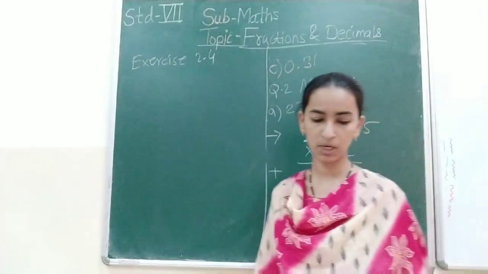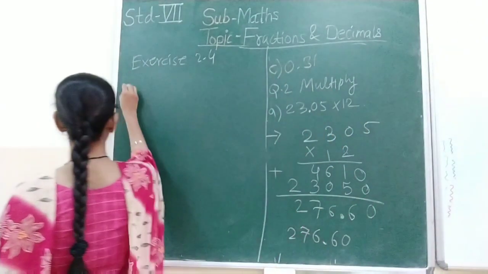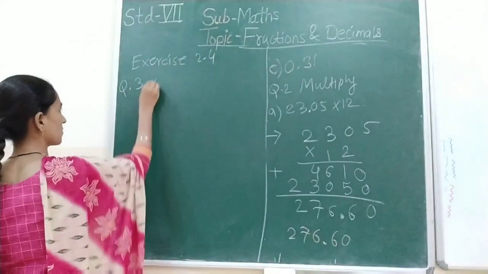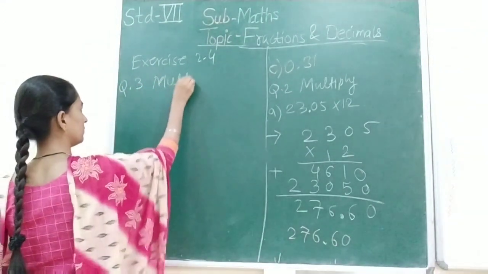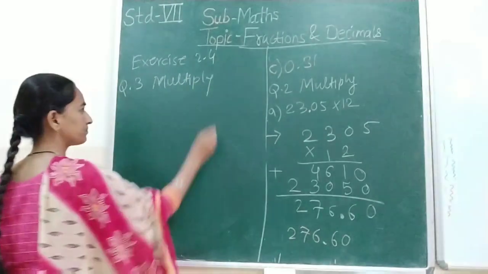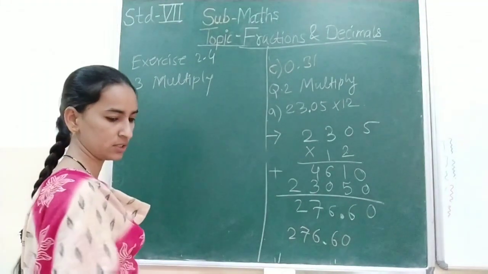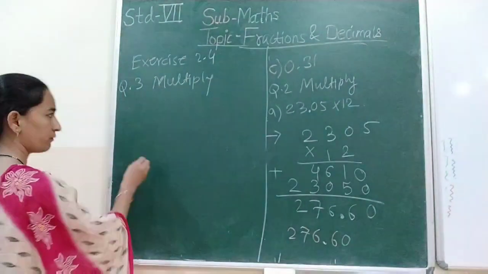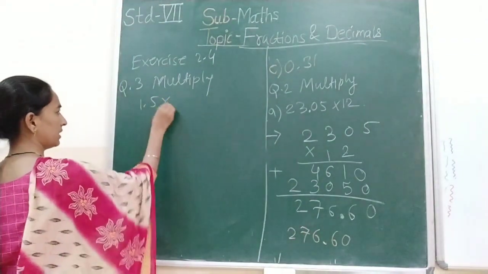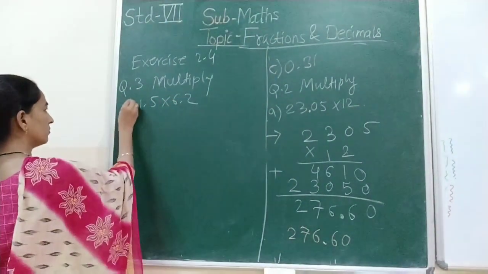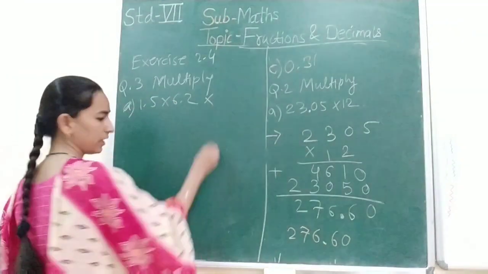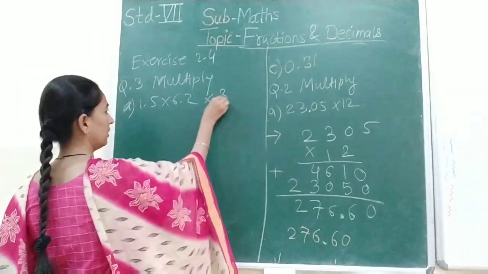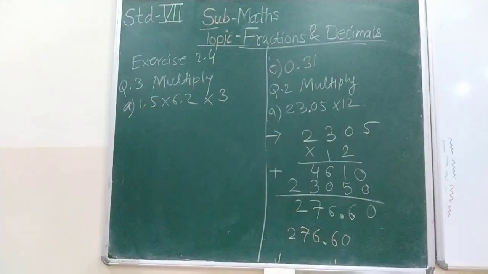Question number 3, multiply. In that, the first is 1.5 multiplied by 6.2 multiplied with 3. Now what will happen if there are 3 numbers?